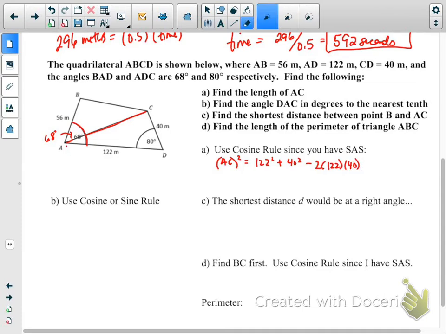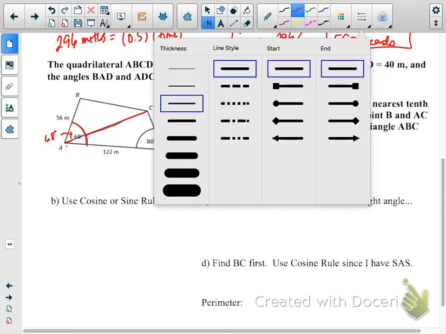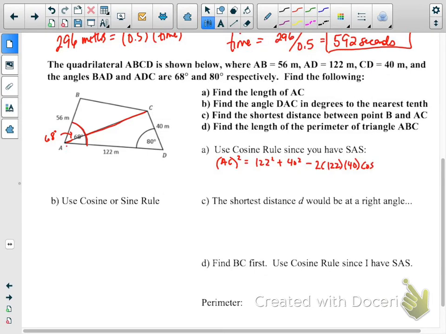It's not sine, it's cosine. Cosine of 80. Okay, so type that in your calculator. I get that AC squared is equal to approximately, actually I didn't write that one down. So this time we're just going to say that AC is equal to 121.6. So 3 sig figs, that's going to be 122.